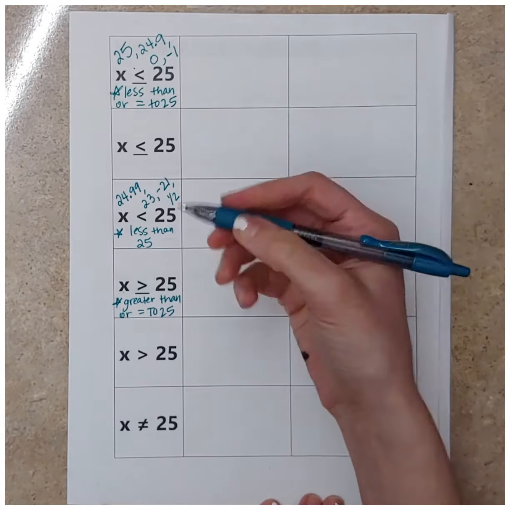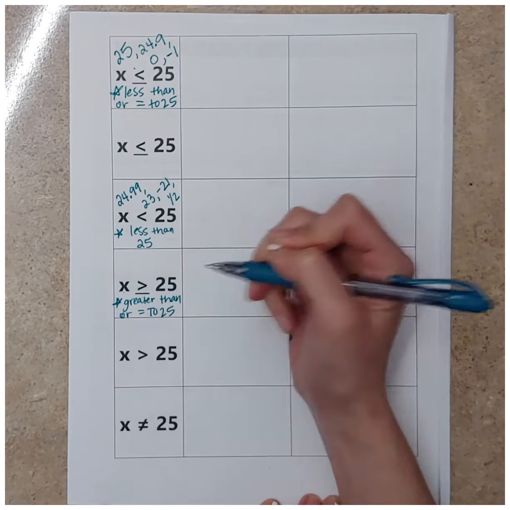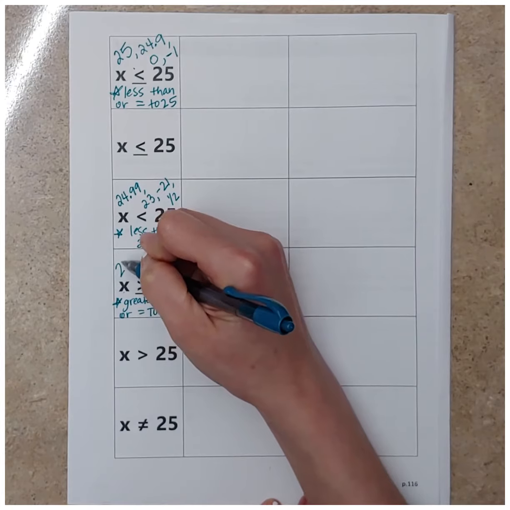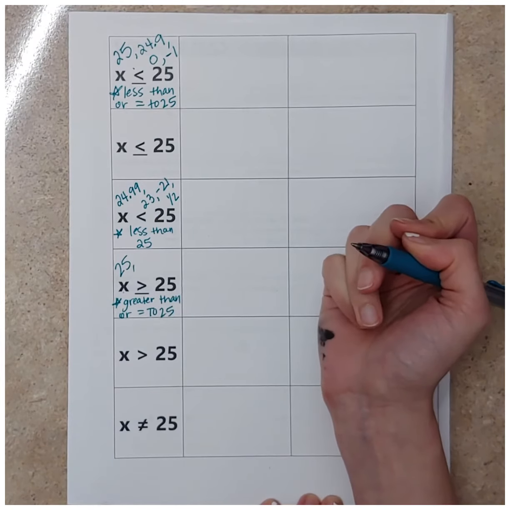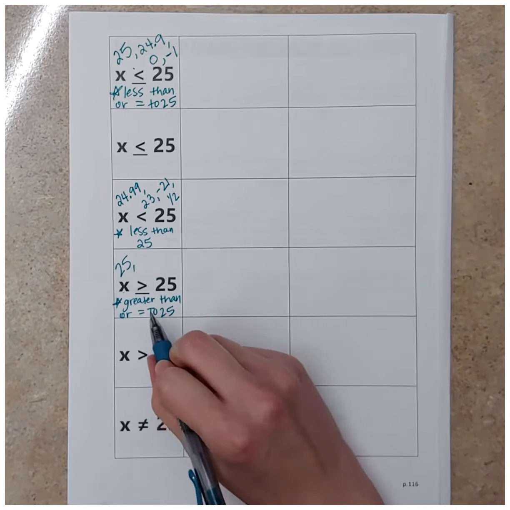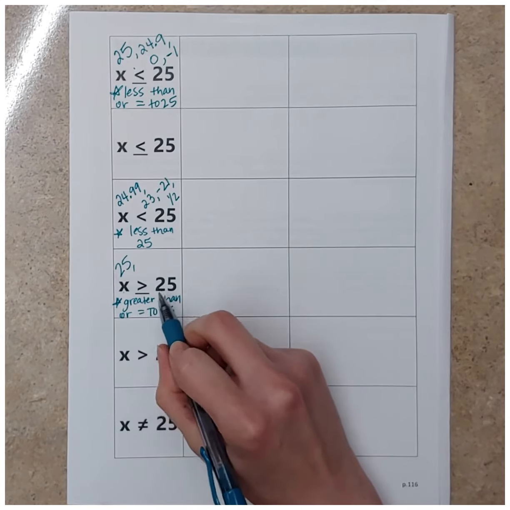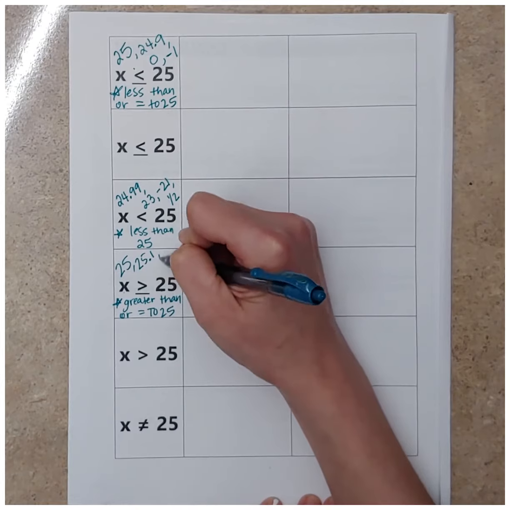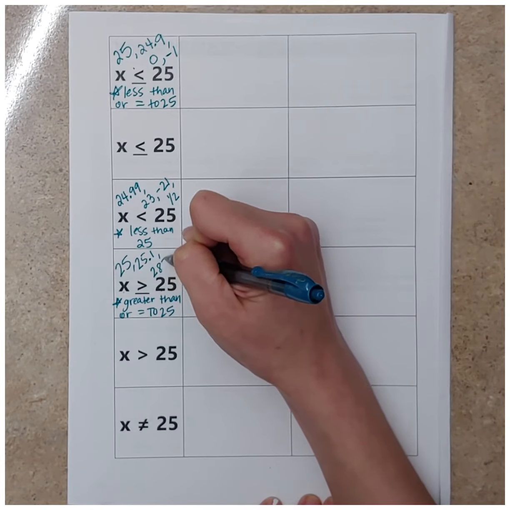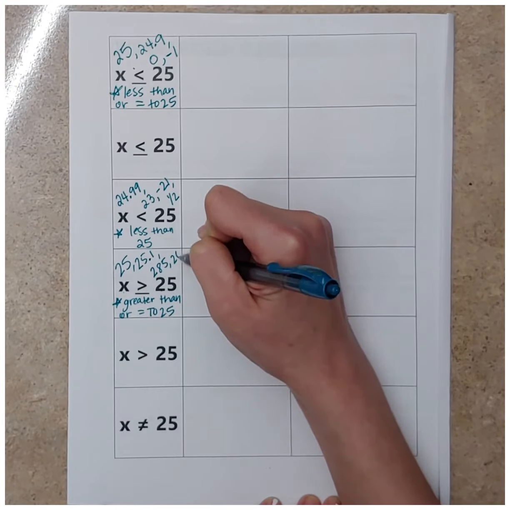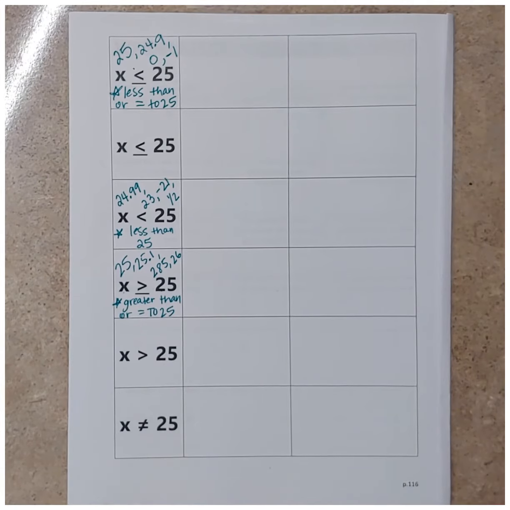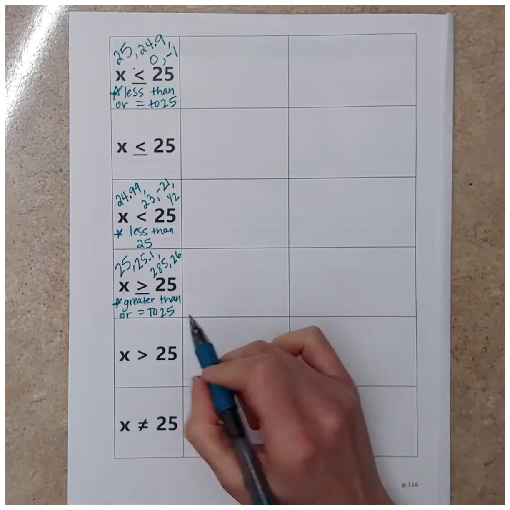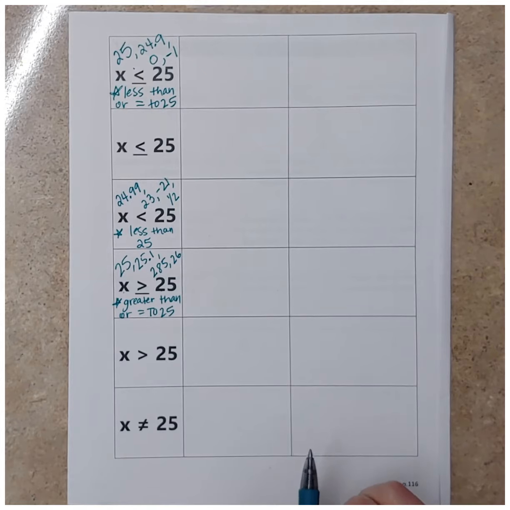Yes, it can be because of that or equals symbol. So it can be exactly 25. Can it be 23? No, because it has to be greater, right? 25 or greater. So it could be 25 and 1/10. It could be 285. It could be 26. Any number bigger than 25 or equal to 25.